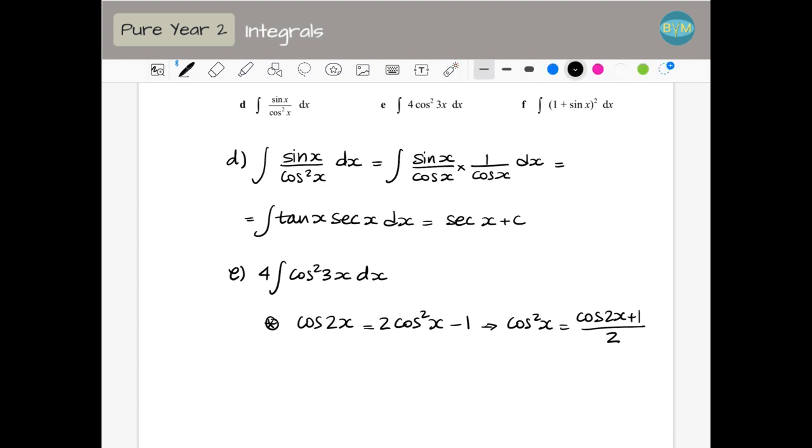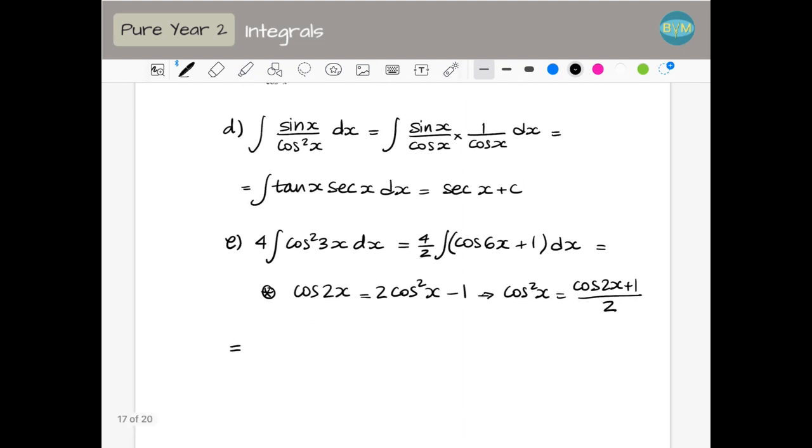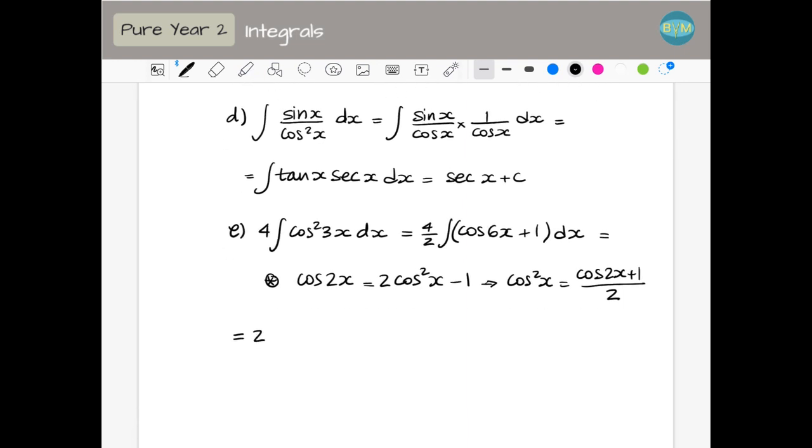So I'm going to write my integral, and I'm going to take the 1/2 out. So I have 1/2 integral of cos 6x plus 1 dx. And now I can integrate. So I go here and it's 1/2 cos 6x.